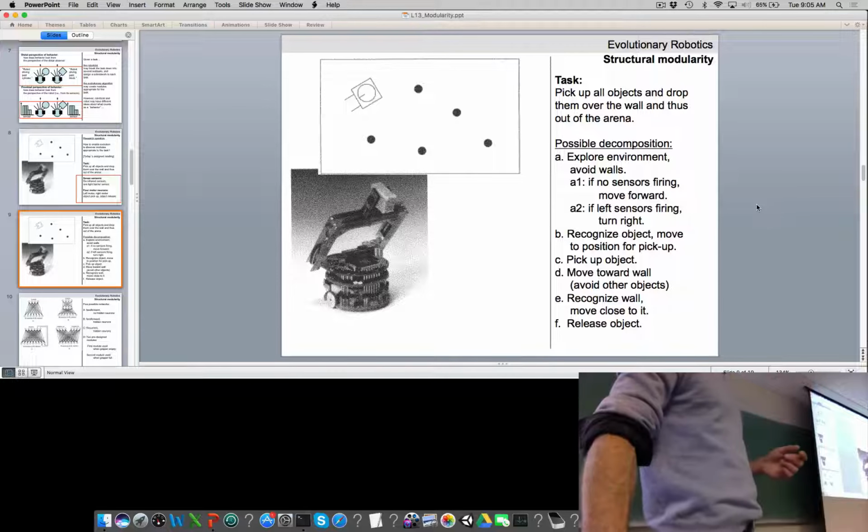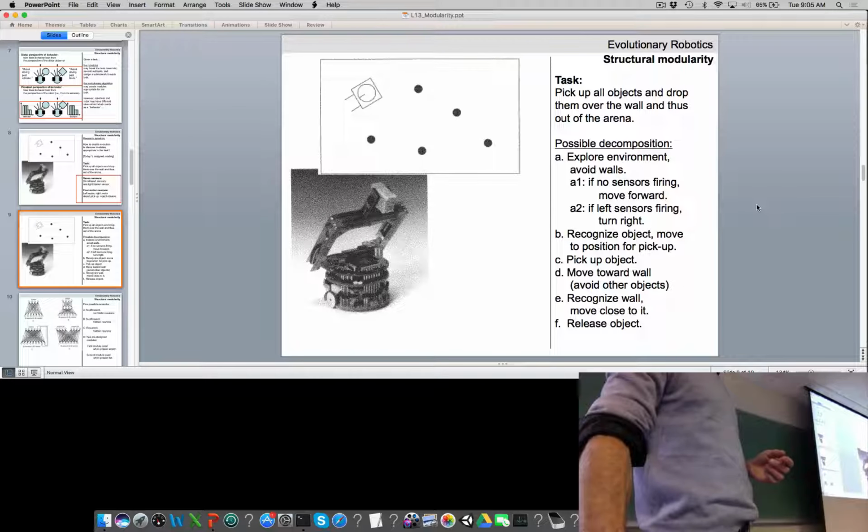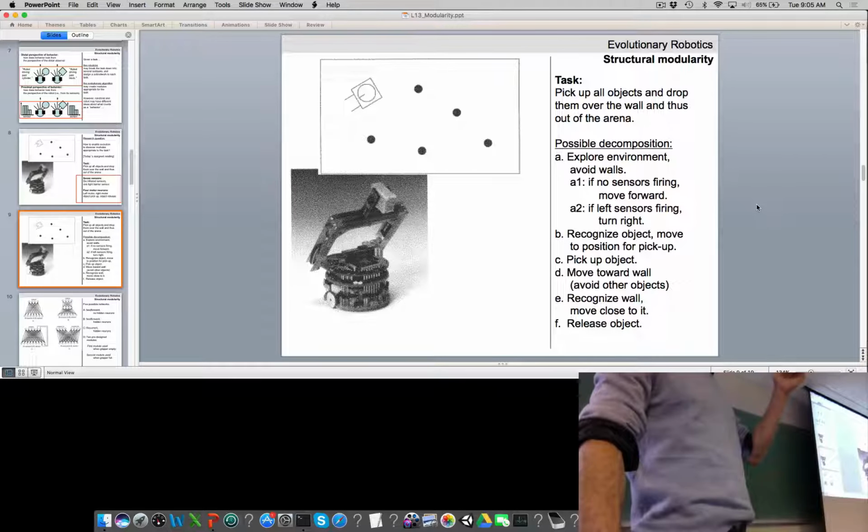Instead of doing this manually, we're going to try and get evolution to break the problem into bite-sized chunks. And what we're going to be interested to see is if evolution does, what modules does it produce? And do those modules or those subtasks correspond to anything recognizable to us, right?